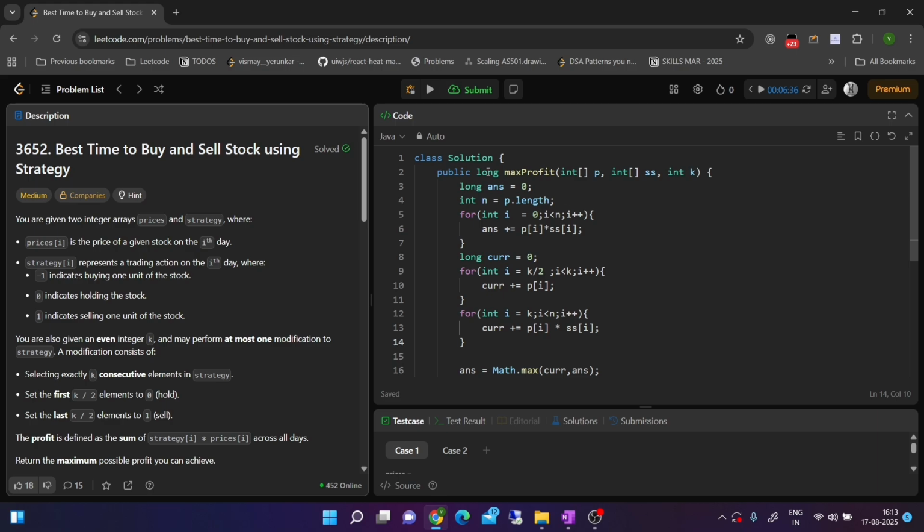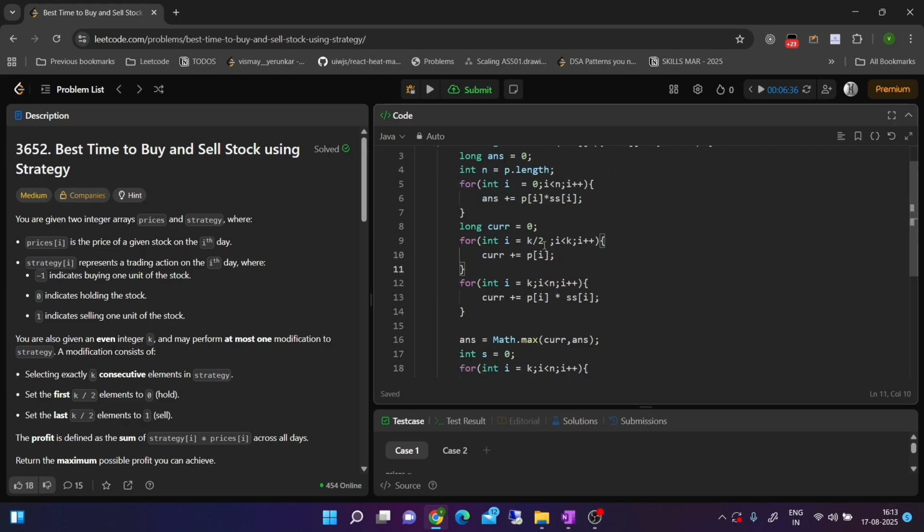So here you can see that first we keep an answer variable and calculate the length, and then we calculate this part, that is, without any modification on the array, what is the answer. Then we keep the current variable and start from the second half of the subarray which we considered, because the first half will always be 0 and will not have any significance.